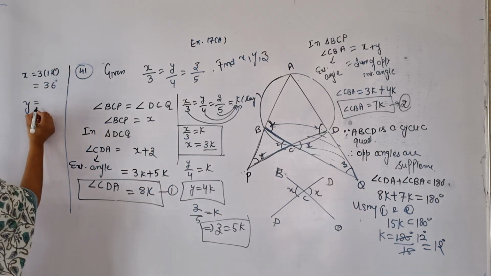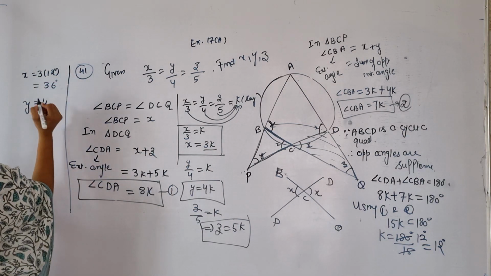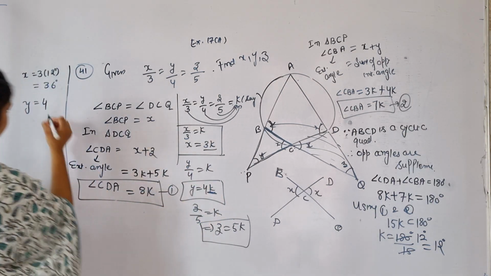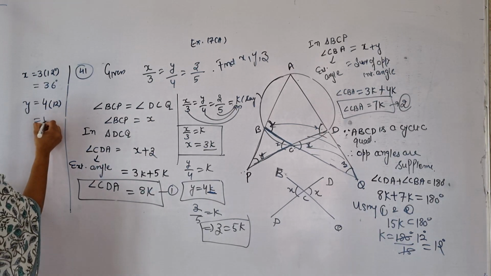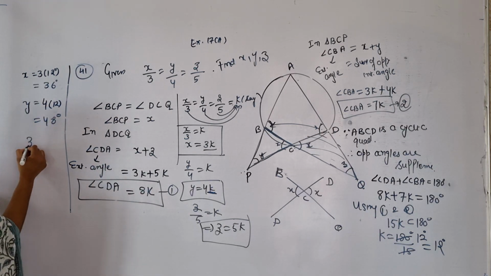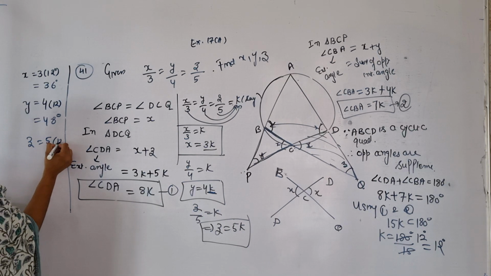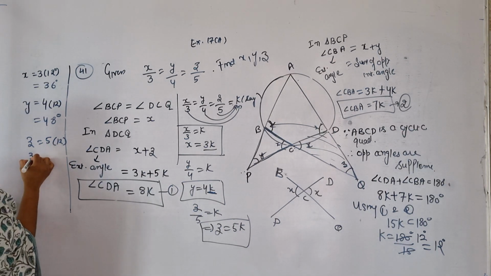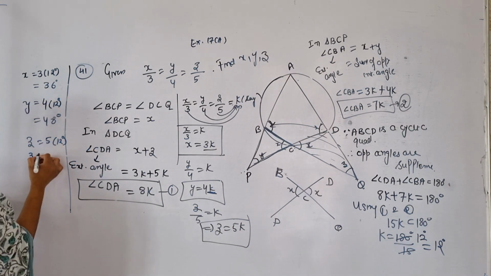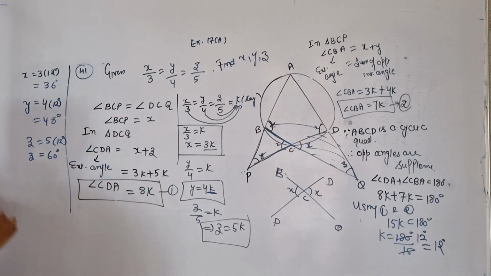Okay, Y is equal to 4, put the value of K here, that is 12. 48 degree. Z is equal to 5 into 12, degree here, 60 degree.